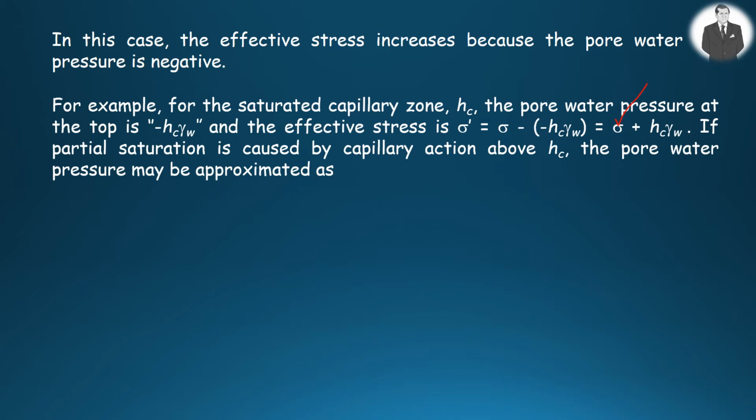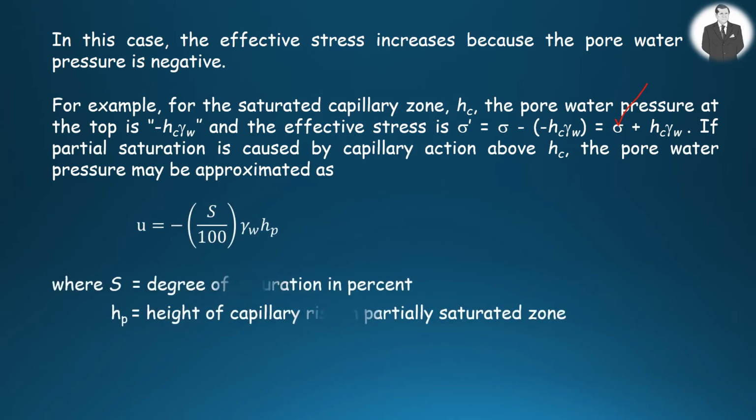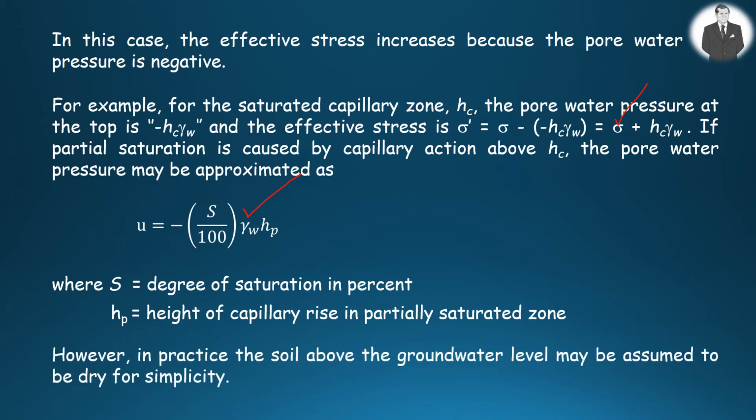If partial saturation is produced by capillary action above Hc, the pore water pressure may be figured out through this equation given here, in which S is the degree of saturation in percent, and Hp is the height of capillary rise in the partially saturated zone. However, in practice, the soil above the groundwater level may be assumed to be dry for simplicity.